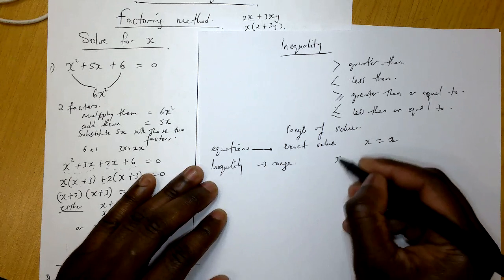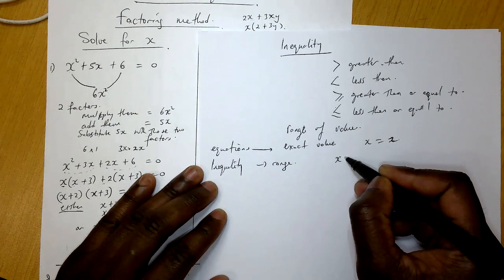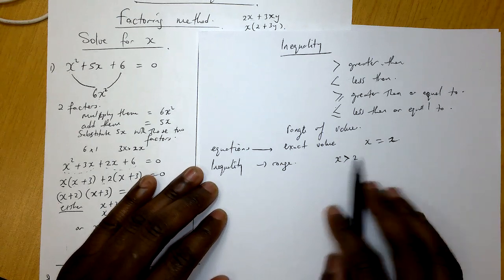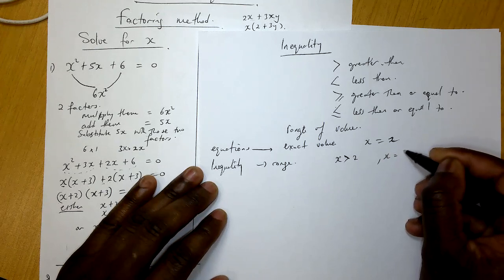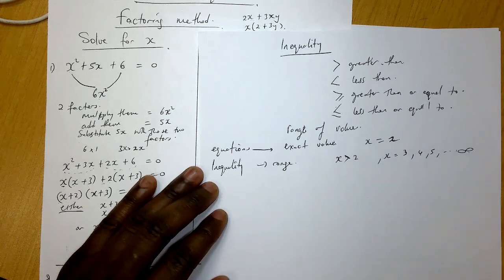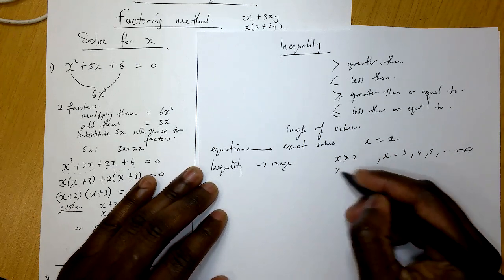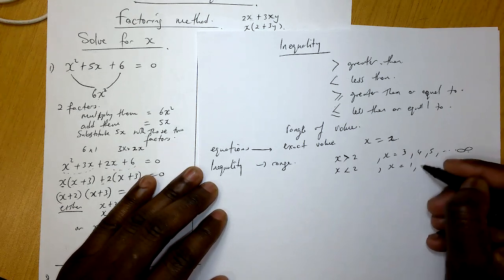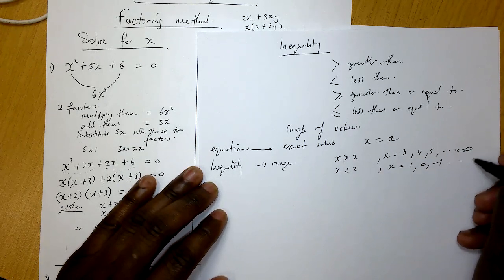So if x is greater than 2, it means that x can be 3, can be 4, can be 5, up until infinity. You understand? So it gives a range of values. If it is x less than 2, it means that x can be 1, can be 0, can be negative 1, up until negative infinity.